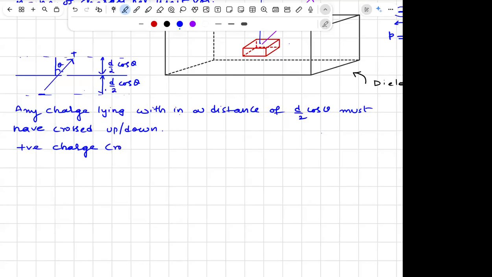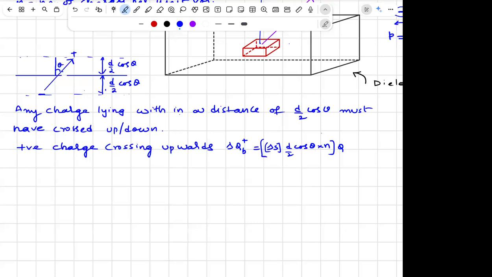For the positive charge, the area is delta S and d by 2 cos theta is the length, so the volume times n gives the number of charges, times q.